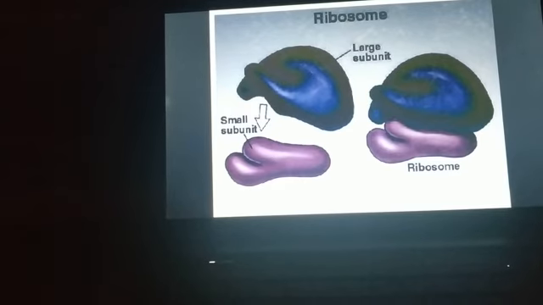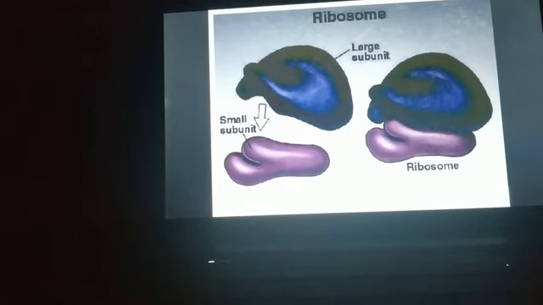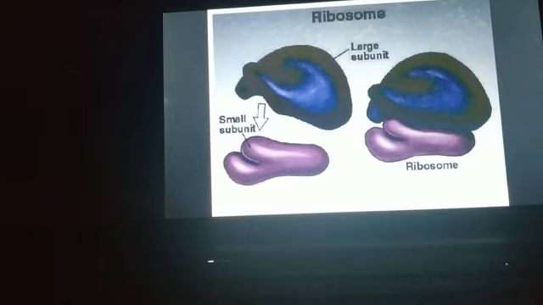We have different types of RNA: tRNA, mRNA, rRNA. Here the RNA is ribosomal RNA, and it is synthesized in the nucleoli. We have studied in the nucleus that these are synthesized in the nucleoli.